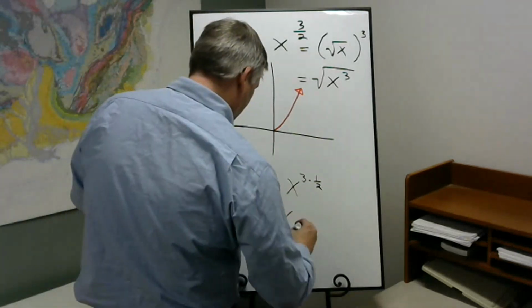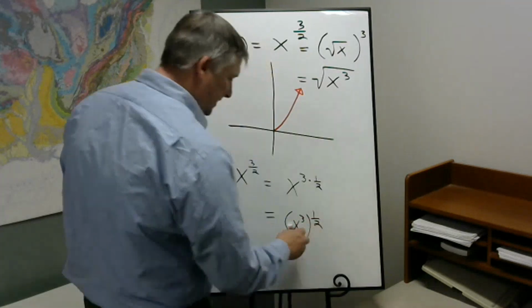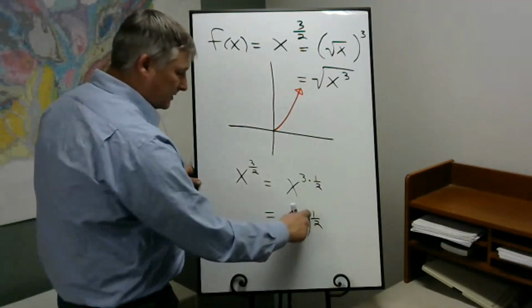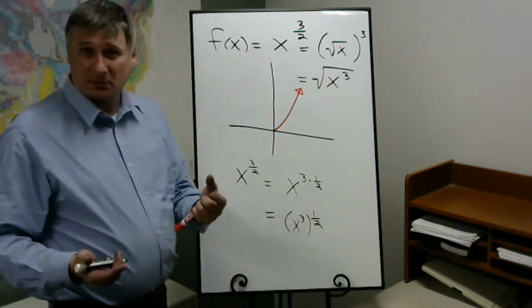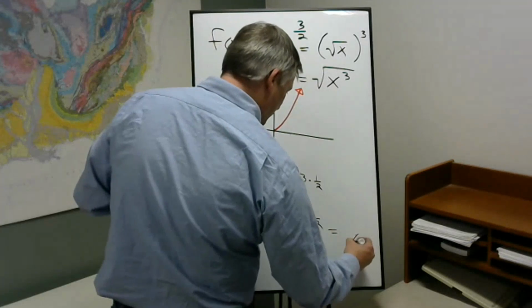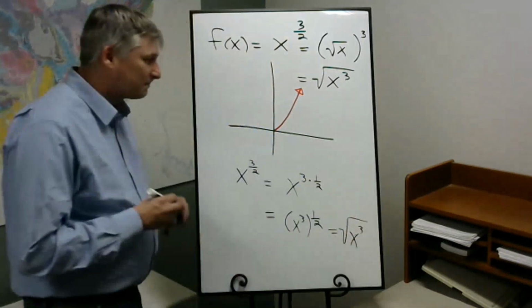So then we have x cubed to the 1/2. Again, it's an exponent outside parentheses like this. These get multiplied together. It's a rule of exponents. So what we get is the square root of x cubed.